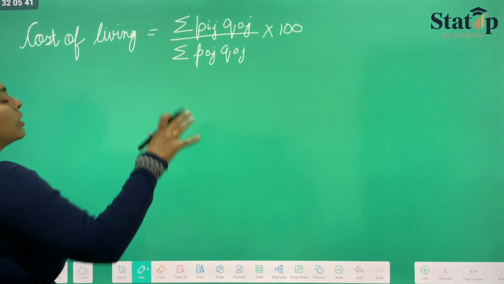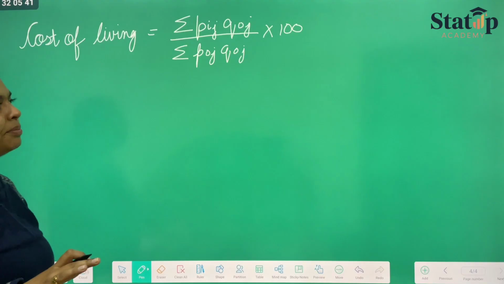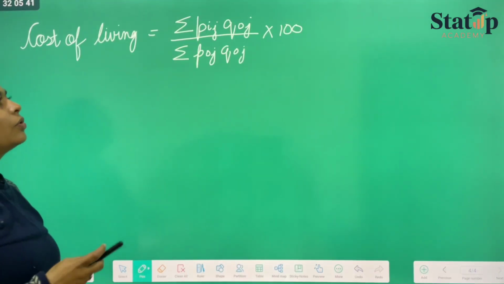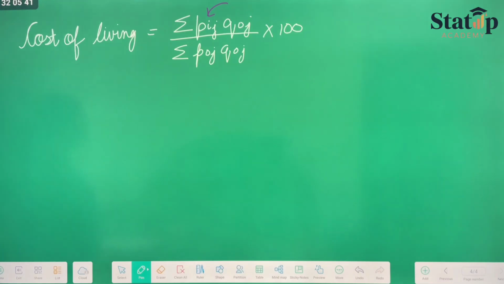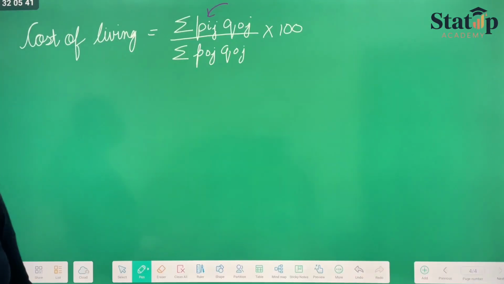This is typically similar to Laspeyres' method, but the only difference here is that here it is i, there it was 1, one and the same thing. So this is the cost of living index by the weighted aggregate method. The second one is the family budget method.